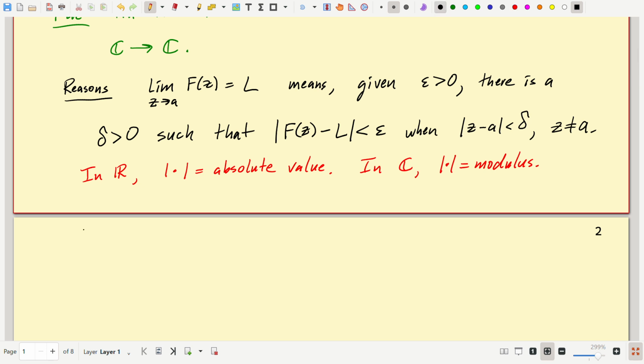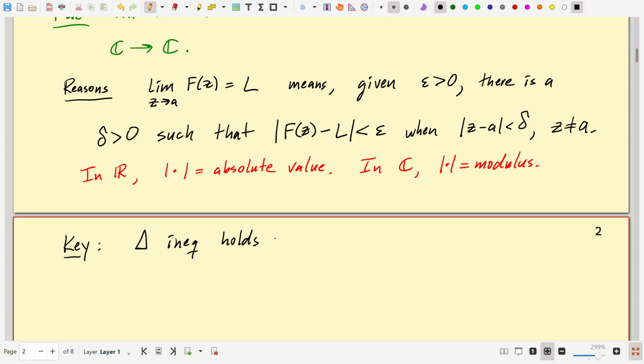So the key: the triangle inequality holds for complex numbers, with the modulus. The modulus of z plus w is less than or equal to the modulus of z plus the modulus of w. And so all those proofs, even though the symbols mean something different, the steps all are valid.